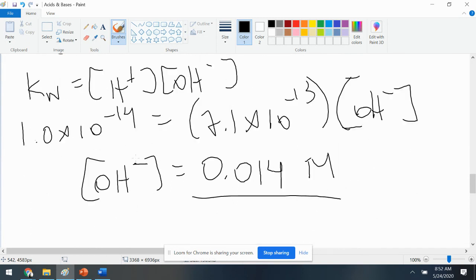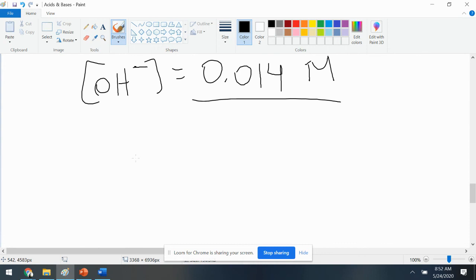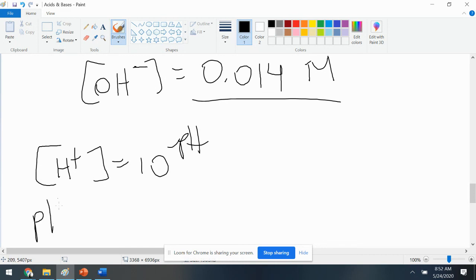Just to recap the equations: if you're given the pH and you want to find the hydrogen ion concentration, it's 10 to the negative pH. The opposite of that: if you want to find the pH of a solution and you're given the hydrogen ion concentration, pH is equal to the negative log of the concentration of H plus.